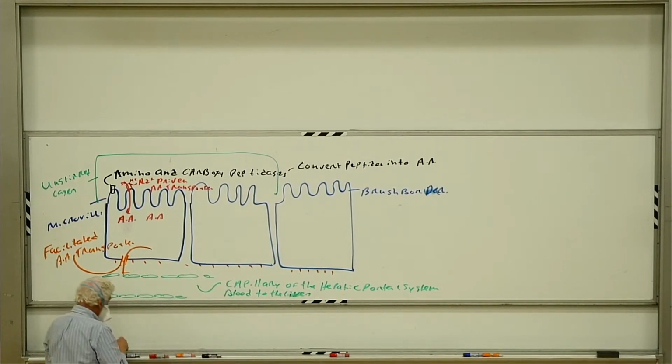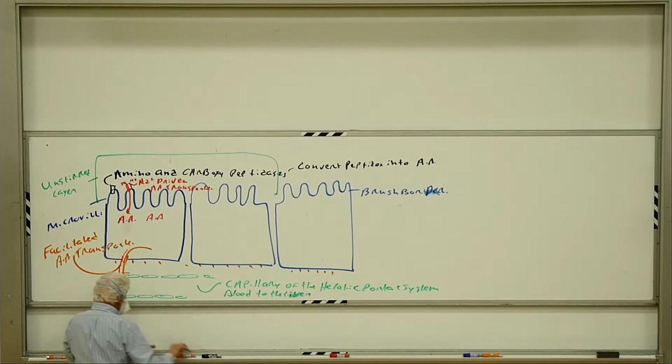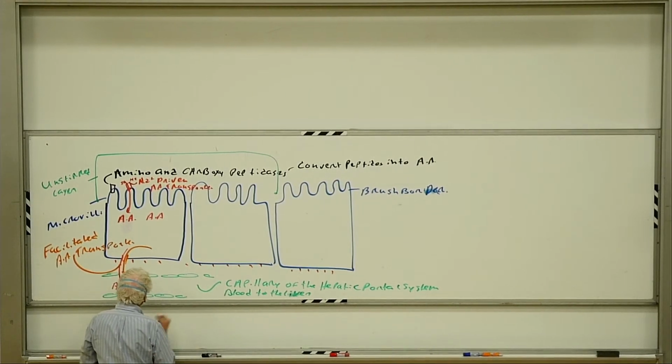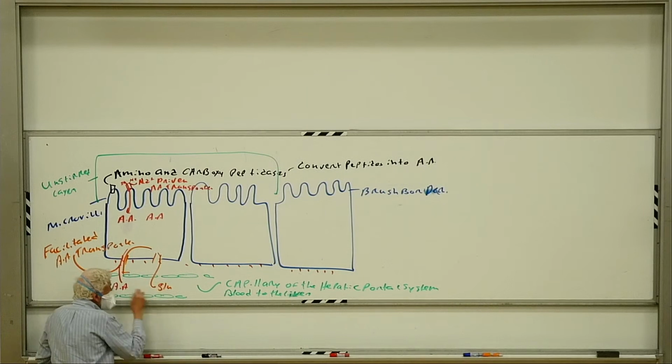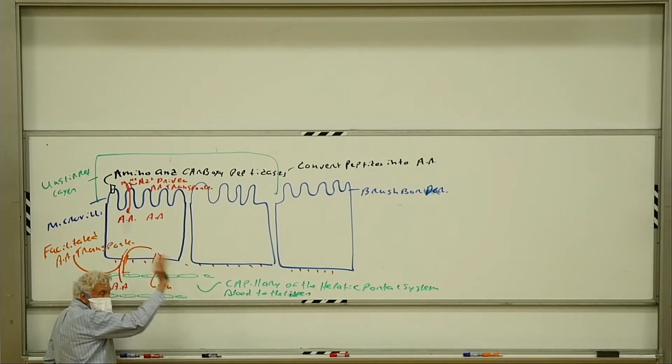So now the amino acids, and if we were telling the glucose story, it'd be the same thing. The amino acids and the glucose coming through that GLUT2 transporter are now in the blood. They're going to be swept away.